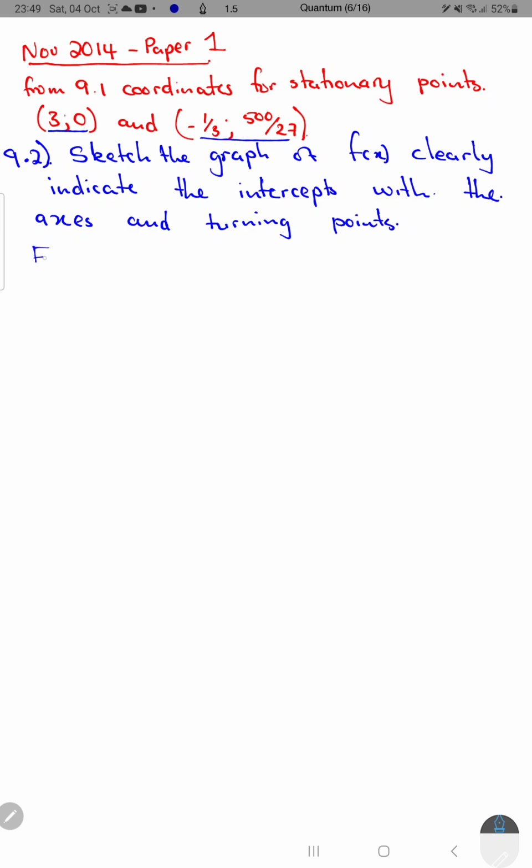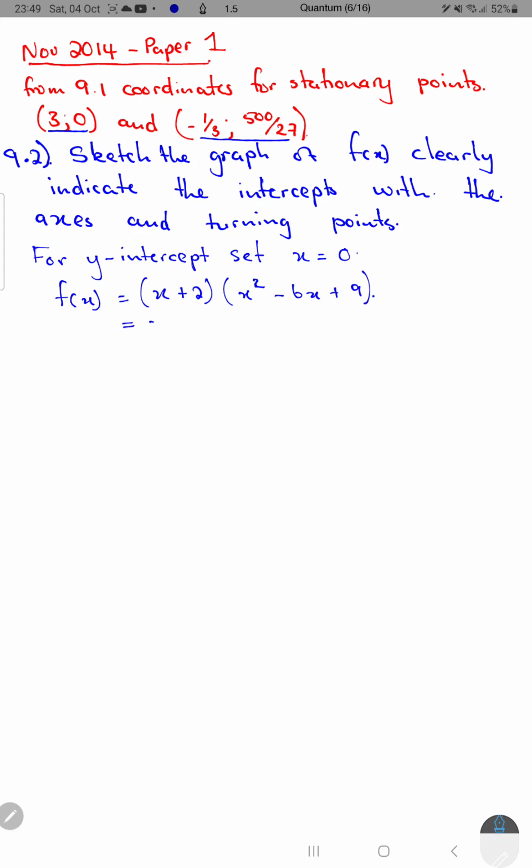Now let's look for the y-intercept. For the y-intercept, you set x to be 0. Remember that our f of x was actually x plus 2 times x squared minus 6x plus 9, or it was x cubed minus 4x squared minus 3x plus 18.